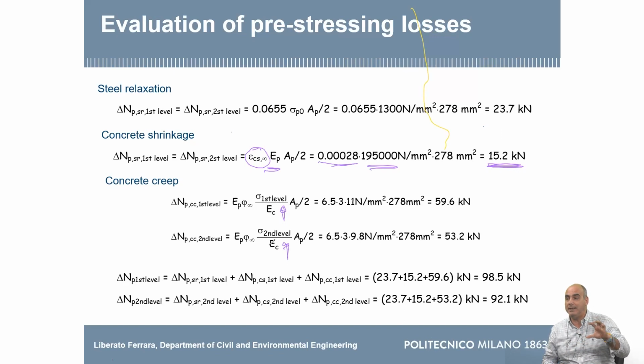We obtain the elastic strain in concrete. We have said that under certain stresses, the creep strain is proportional to the elastic strain. And the proportionality coefficient is this number here, phi infinite, which you can test, you can calculate.